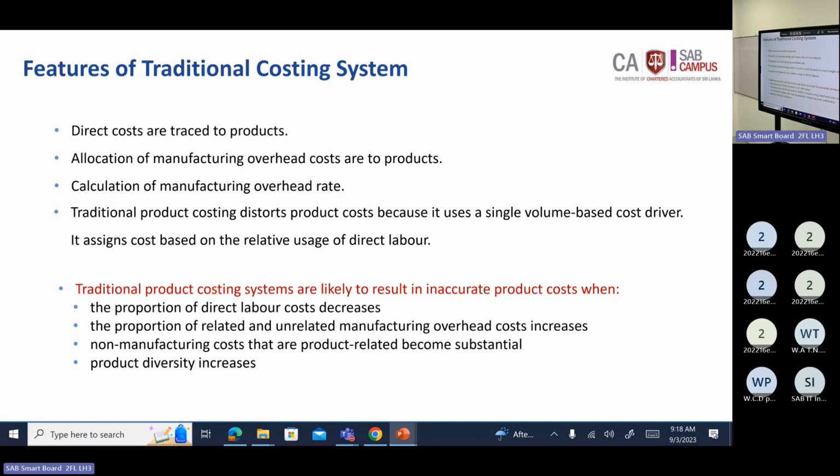Now, if you take a service organization like a hotel, a tourist hotel or star hotel, how do they determine the hotel rate? If you take the direct cost that they are incurring for the meal and the accommodation, they have a very high margin, right?